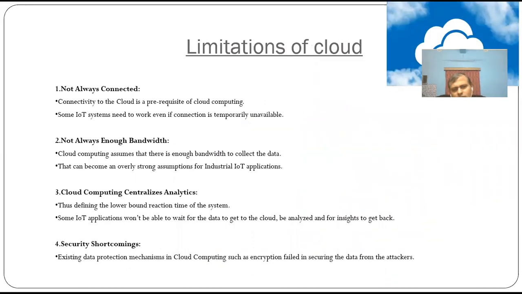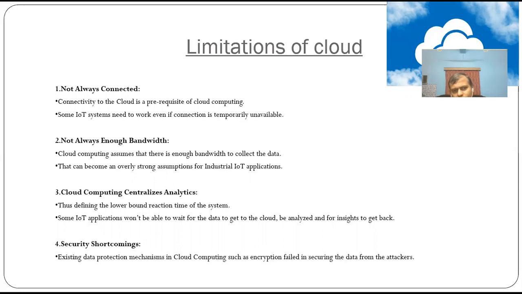So, from the earlier discussions that we have on cloud computing, we have seen some limitations of cloud. What were those limitations? Connectivity is an issue in cloud computing. That means if the connectivity is poor, then we cannot access the various cloud services in a seamless manner.